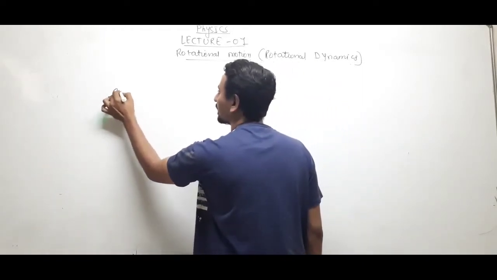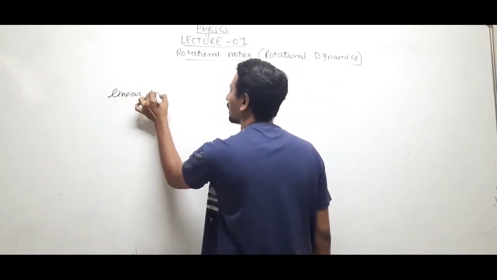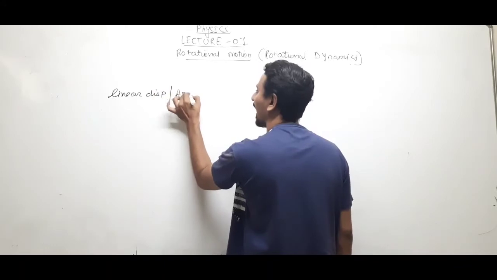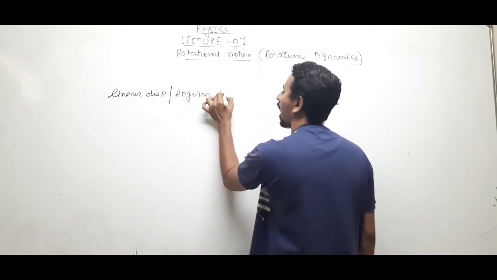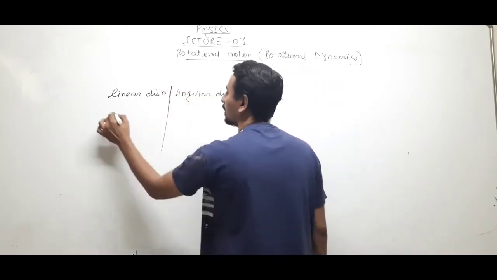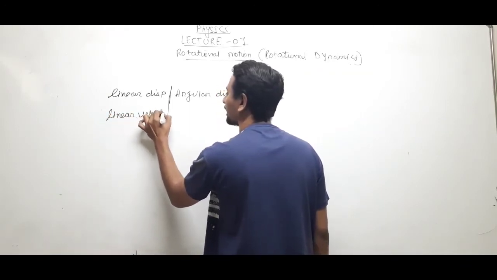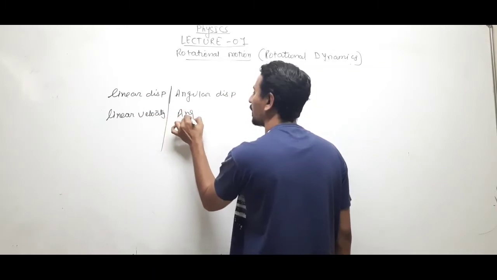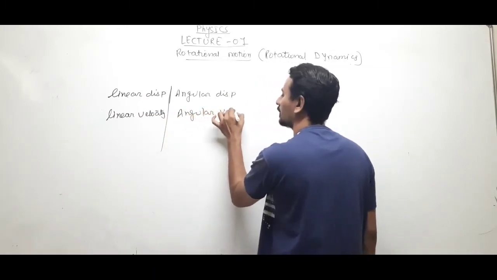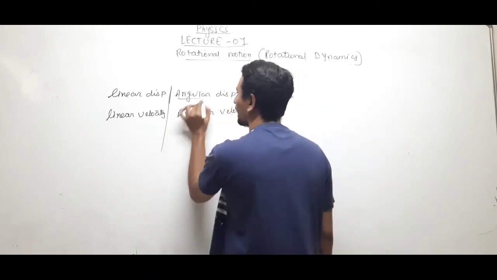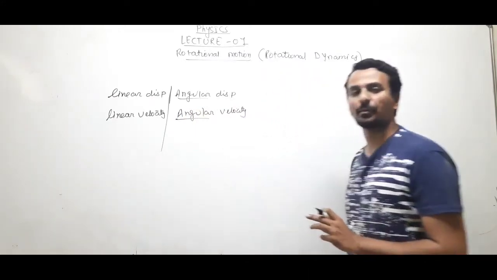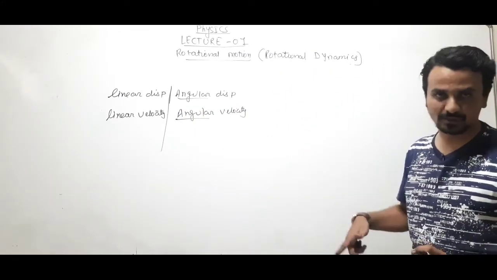See, we had discussed linear displacement. Now we will discuss angular displacement. We had discussed linear velocity. Now we will discuss what is angular velocity and what is the formula of angular velocity. Angular is a word associated with a body which is performing rotational motion, right?